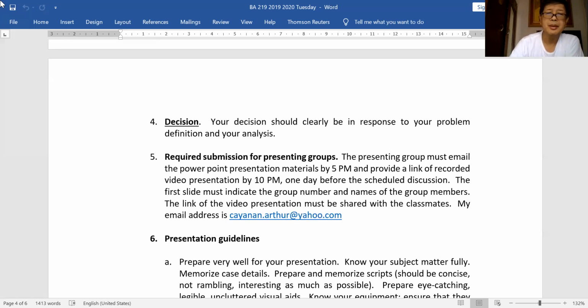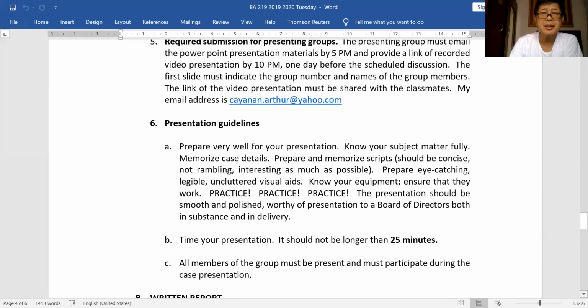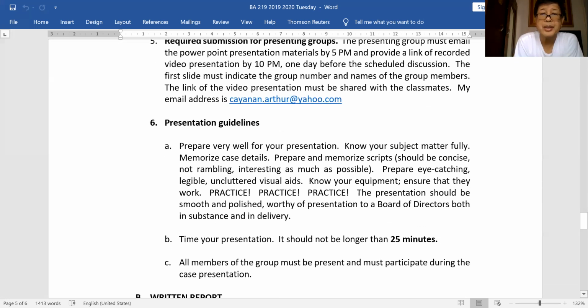Now for the presentation guidelines, prepare very well for your presentation. Your slides have to be eye-catching, with legible and uncluttered visual aids. That means don't put so much in each slide.